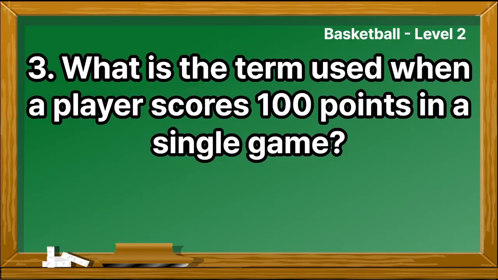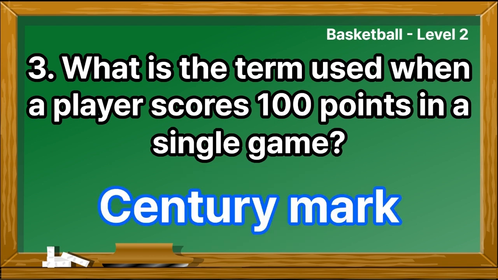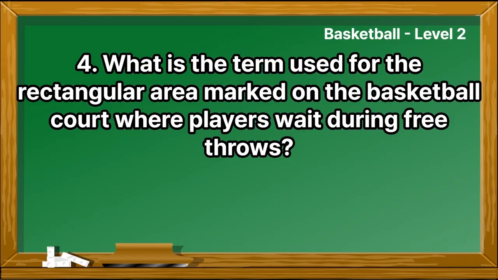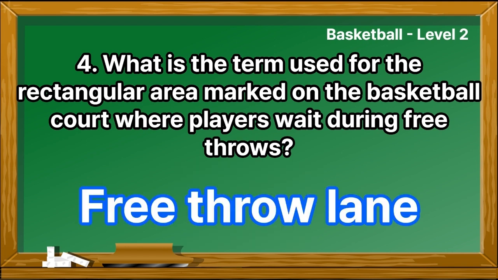What is the term used when a player scores 100 points in a single game? Century mark. What is the term used for the rectangular area marked on the basketball court where players wait during free throws? Free throw lane.